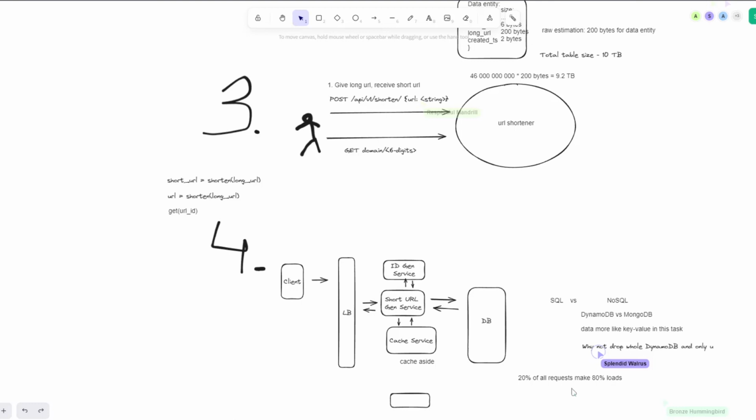We cannot drop the database because we have to have persistence in case the cache goes down. Even services like Redis do provide persistence, but that can still not be like 40 TB, whatever we have. For persistence, we should have the cache always backed by a database.